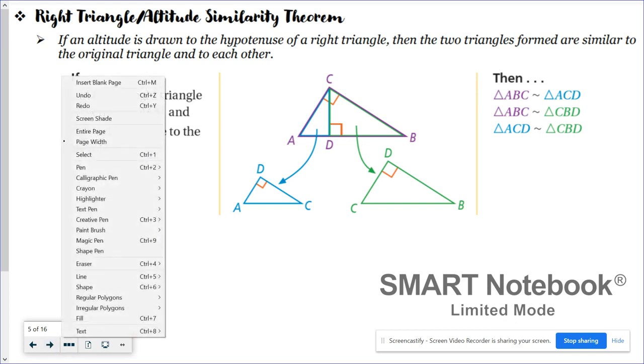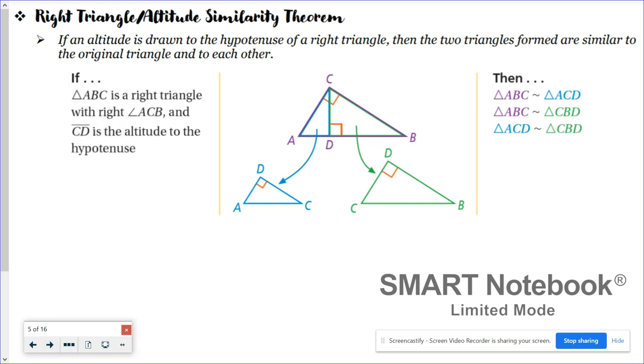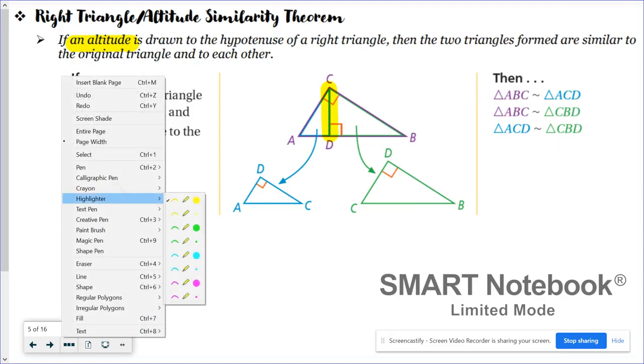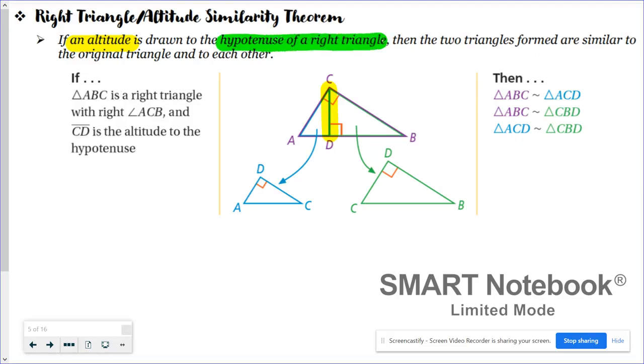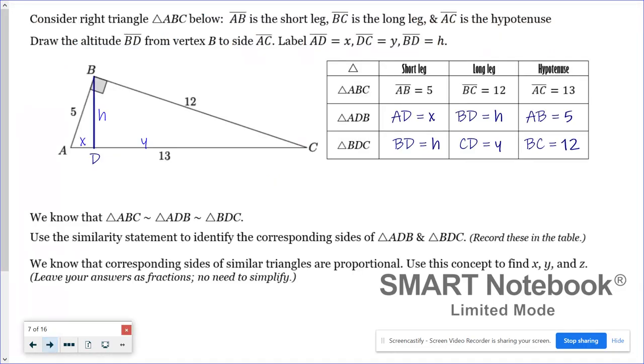So in this diagram here, this altitude they speak of is the segment CD, and the hypotenuse they're referring to is AB. So when you have an altitude drawn to a hypotenuse, these two triangles are created, and all three triangles are similar to one another. And so we investigated what the relationship with their sides was.